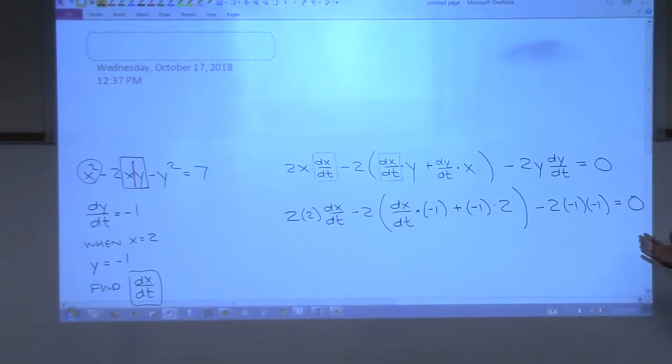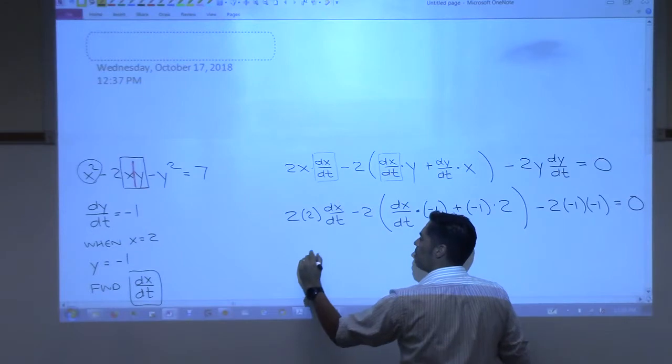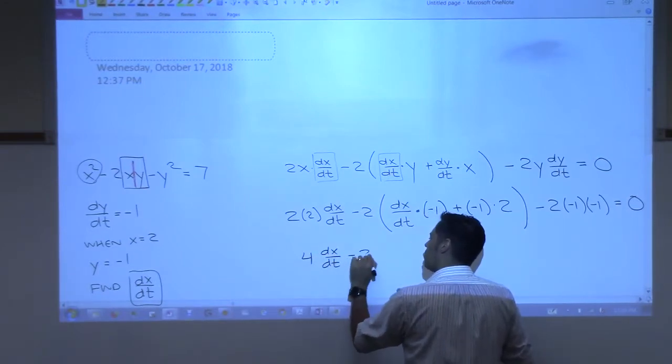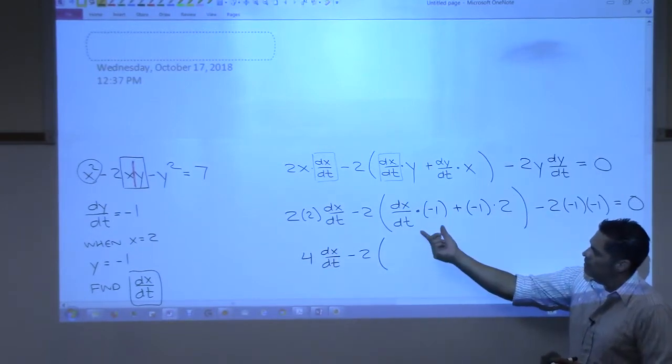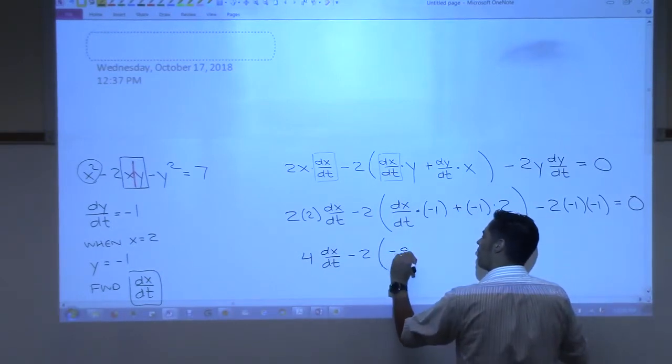All right, now this right here looks pretty bad, but this is just arithmetic. Let's take our time with it. 2 times 2 is 4, so 4 dx dt minus 2, let's see, parentheses here. What does this become? Can't really put them together, but I could write negative dx dt, right? Wasn't it put together though?